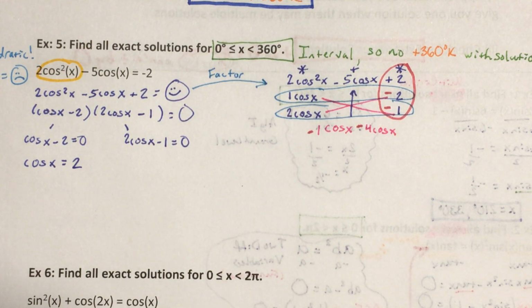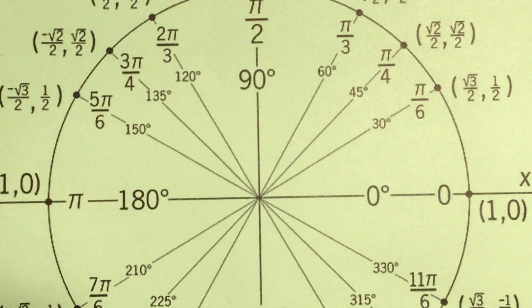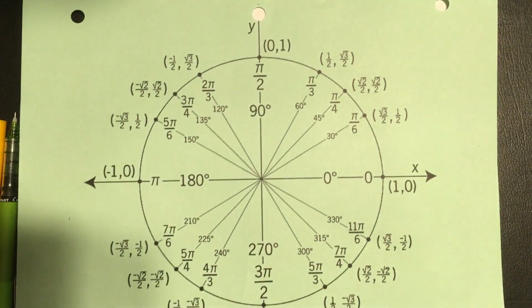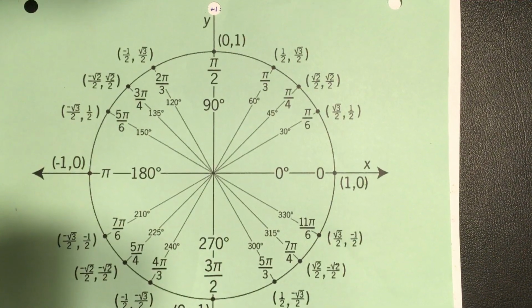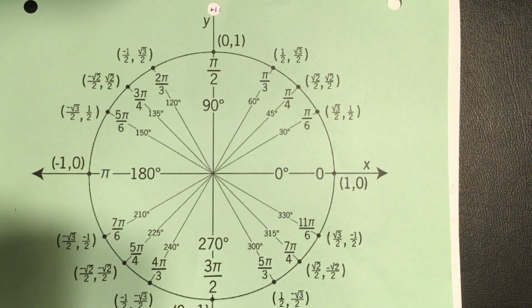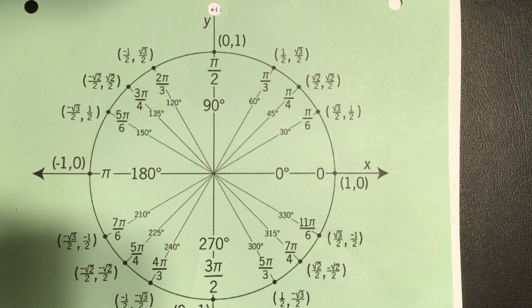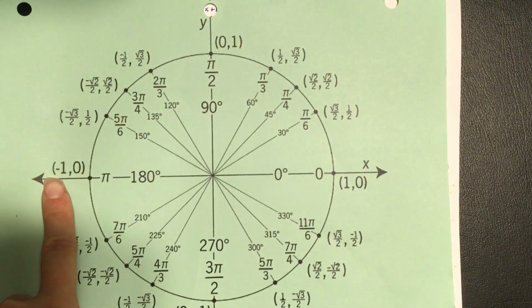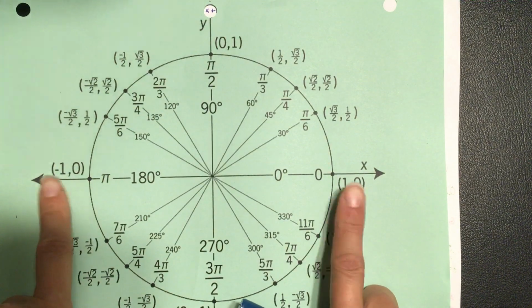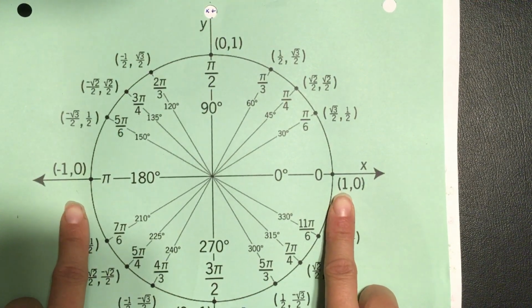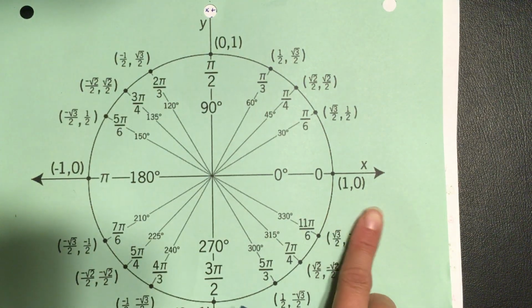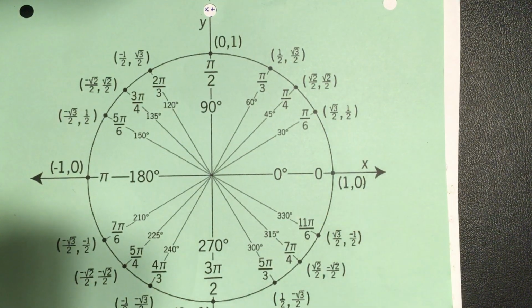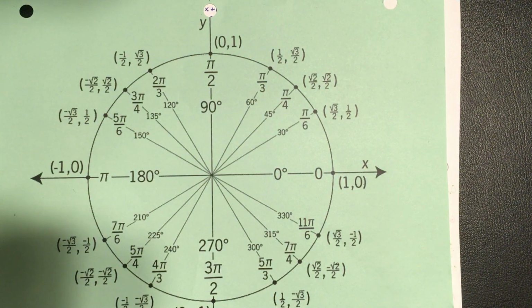Now, if we look at the unit circle, if we're looking for a cosine or an x value of 2, it's like, yeah, that's not going to happen, because the smallest x value I can possibly have is negative 1, and the largest x value I'm going to have is 1. Also, if you think back to your trig graphs, those graphs oscillate between negative 1 and positive 1 for those range values, so you know that it can never be greater than that.